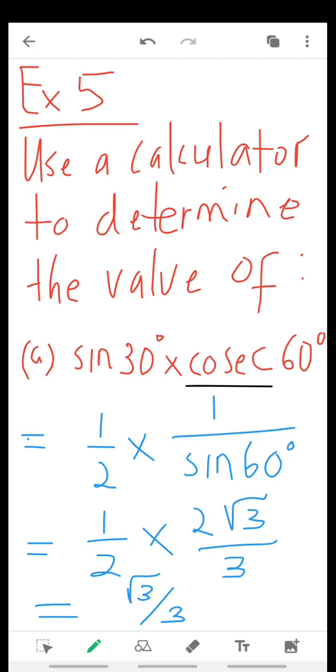I have sine in the calculator. So sine 30 degrees is 1 over 2, which is from the calculator, multiplied by cosec 60 degrees, which is 1 over sine 60 degrees. Therefore, I'm getting 2 root 3 over 3 multiplied by half, and my answer is root 3 over 3.